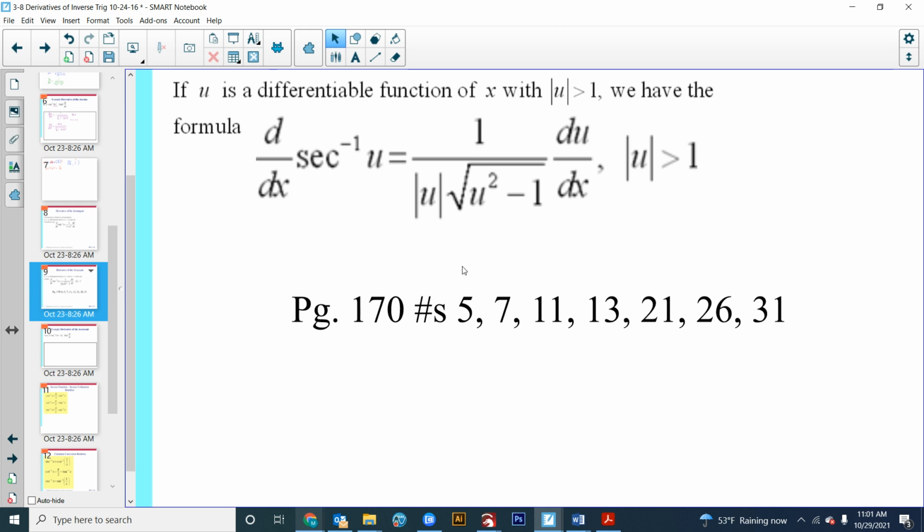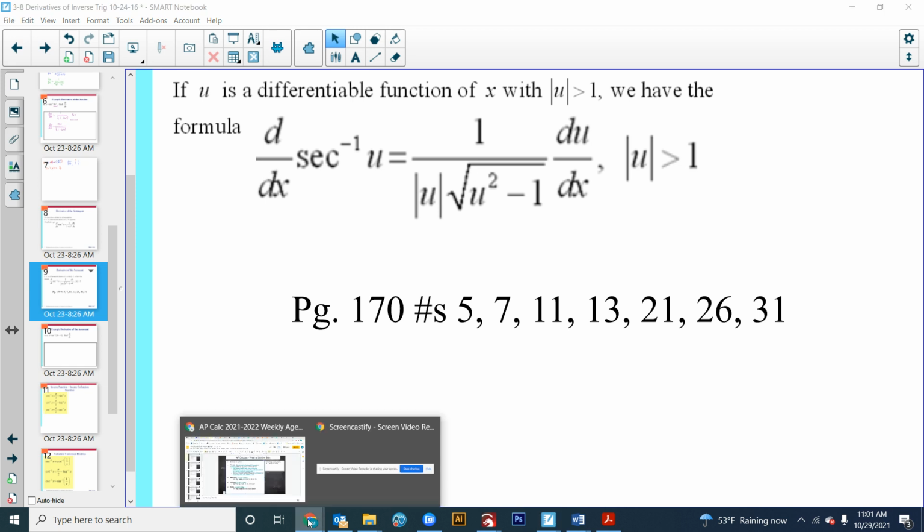Bonus content. You stay an extra 5 minutes, you get to see the tabs. Let's see some tabs. It does stress me out. I just kind of deal with it.